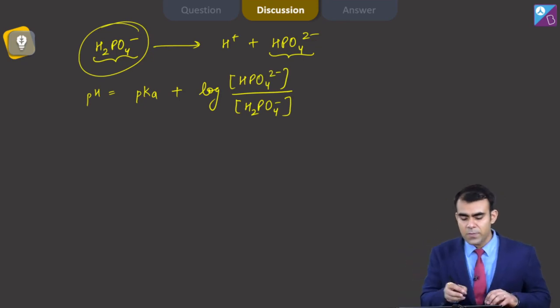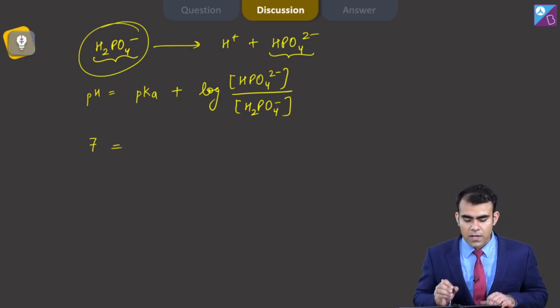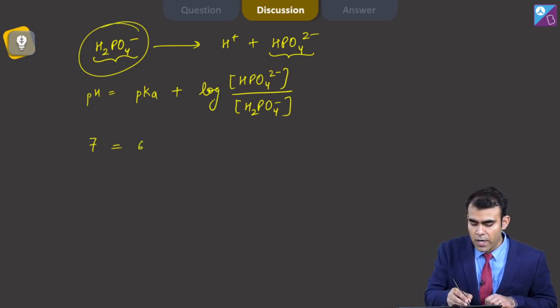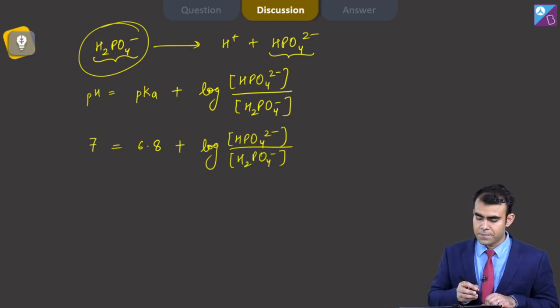Now the pH that has been given to us is 7. So 7 equals the pKa value of H2PO4 minus, 6.8, plus log HPO4 2 minus divided by H2PO4 minus.